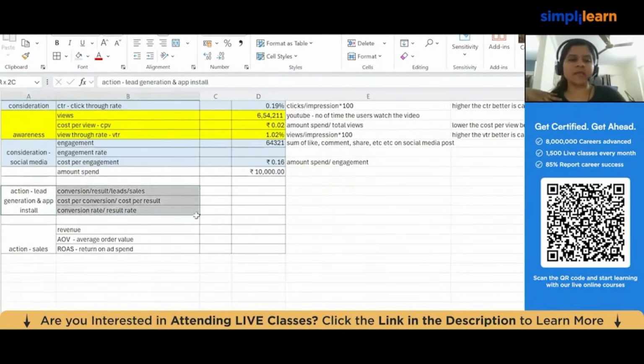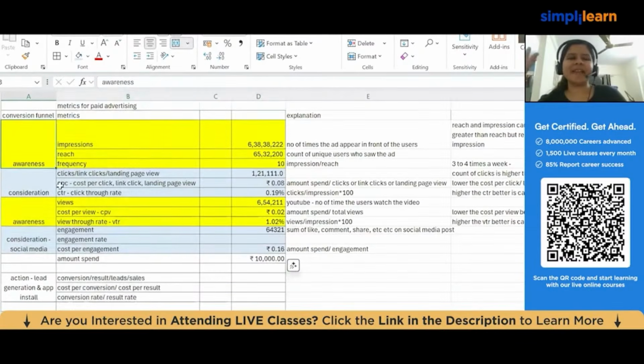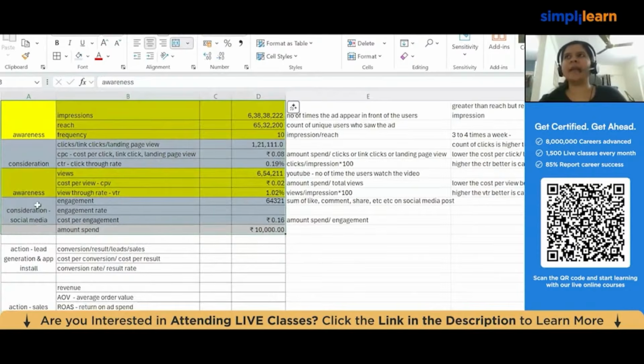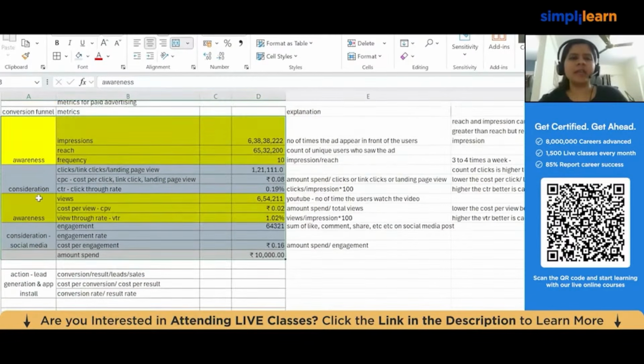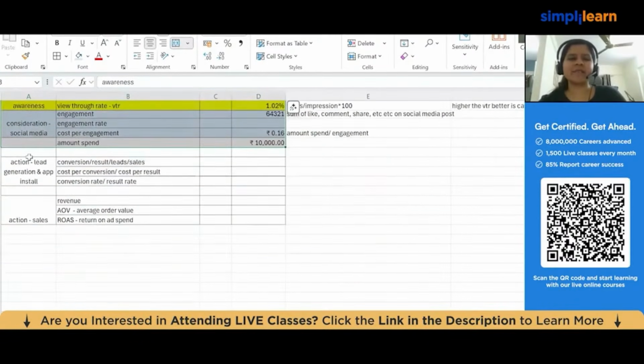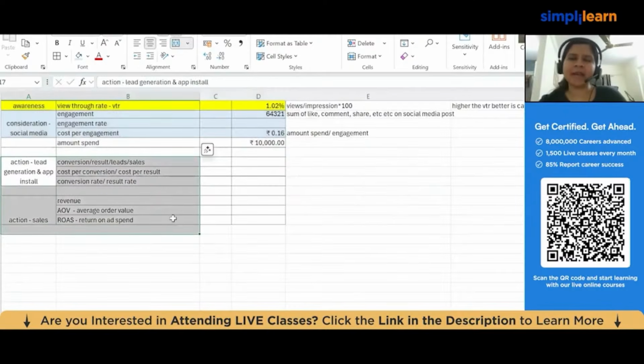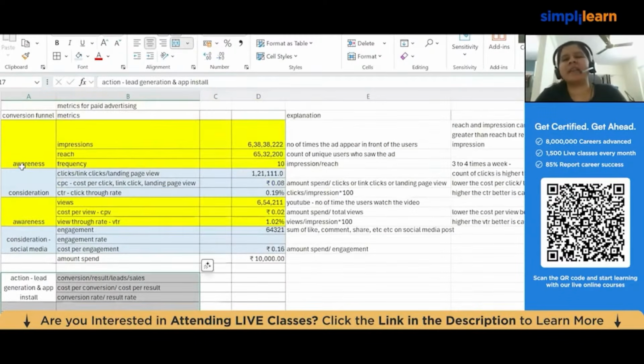Now let's go towards the last part. This was all awareness and consideration, but if I have to talk about most brands, at least in the Indian market, the reason they do paid advertising is for this, to get that end result, that business. There are many brands who are very frugal and don't understand awareness and all.